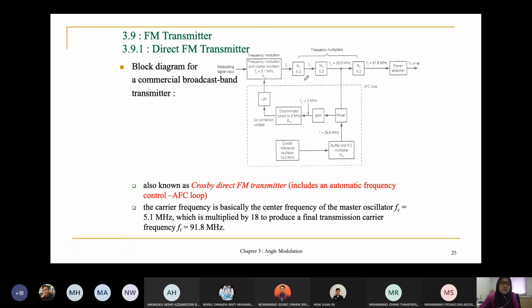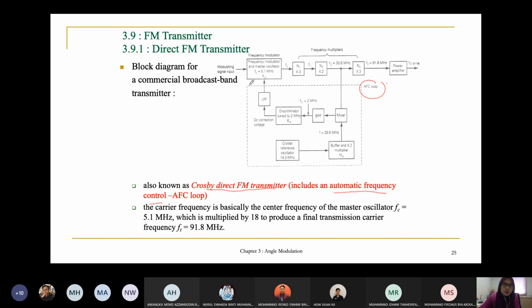It is also known as the Crosby direct FM transmitter, and you can see that you have the AFC loop over here. This is what we call the AFC loop, or the automatic frequency control loop.